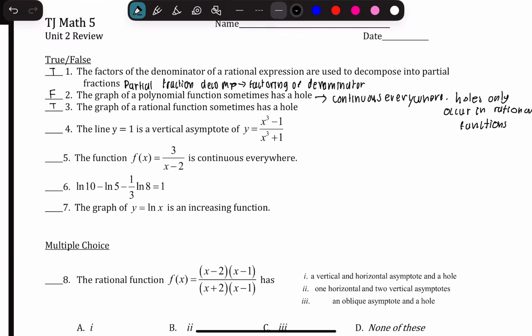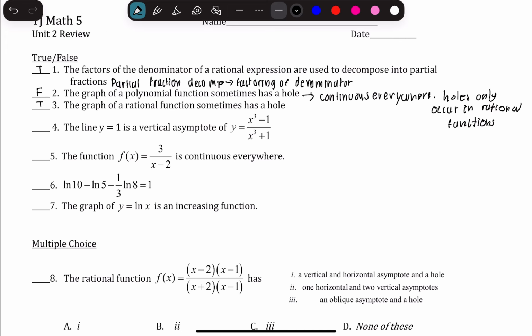Now, the graph of a rational function sometimes has a hole. Yes, the hole happens when you can cancel a factor in the numerator and the denominator, so there's a common factor.